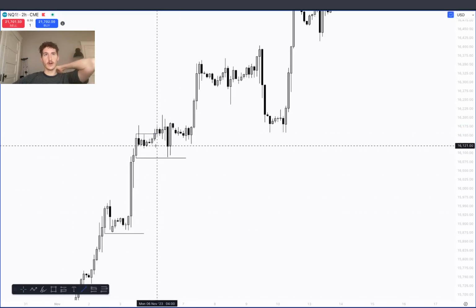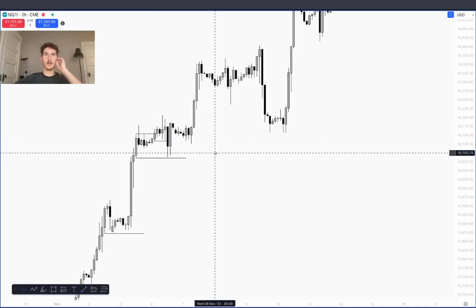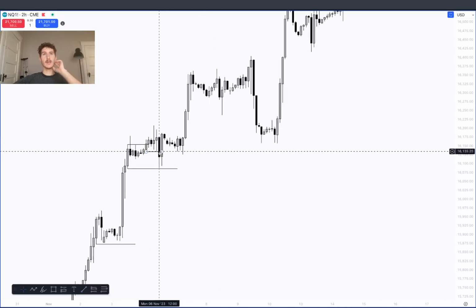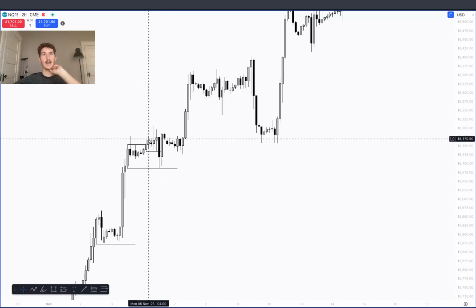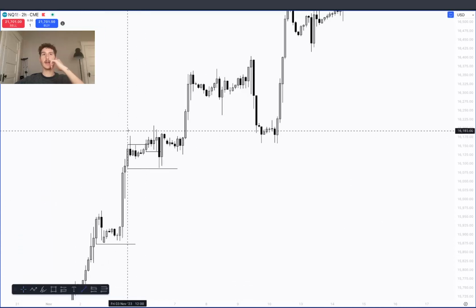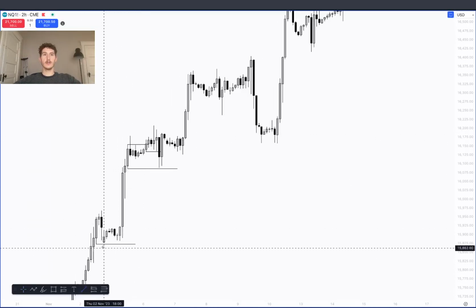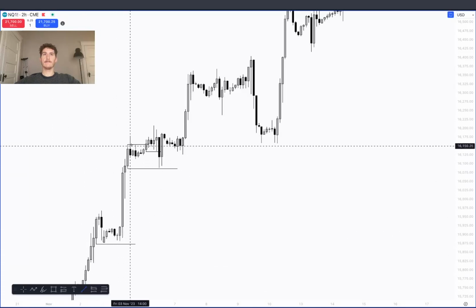Just to be conservative with our analysis, we'll look for a closure below this. When we get a closure below this, we know that we have a high. Now we're going to cover everything that happened from the protected low to the highest point that happened before we validated the high.